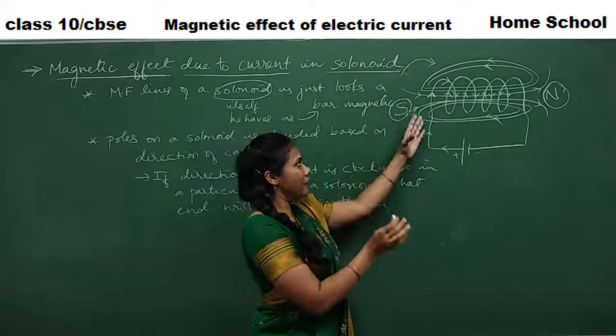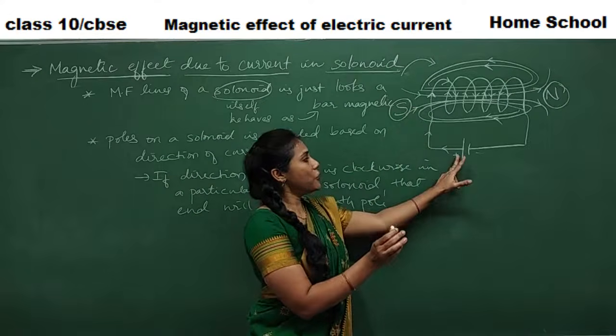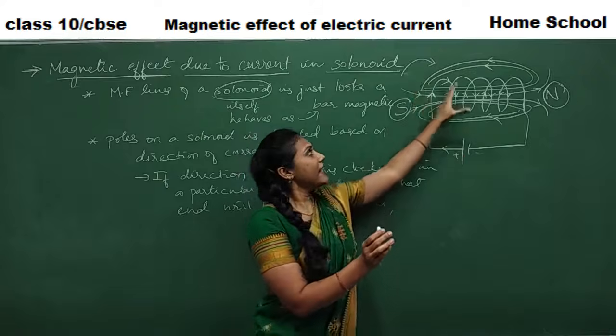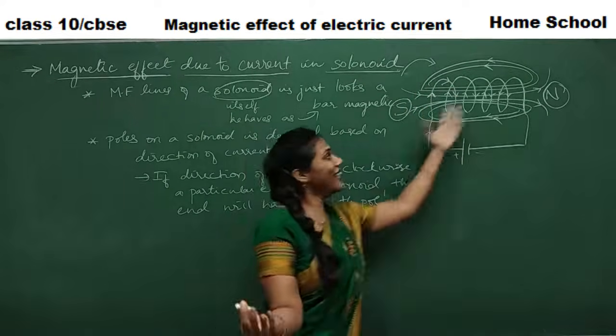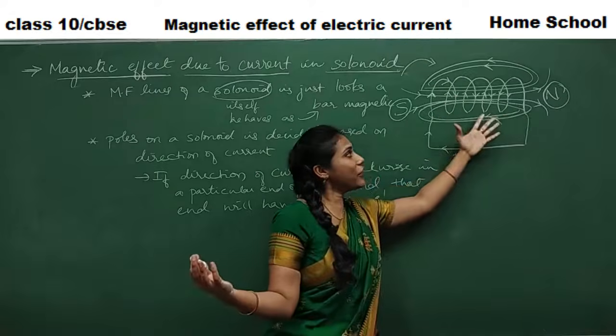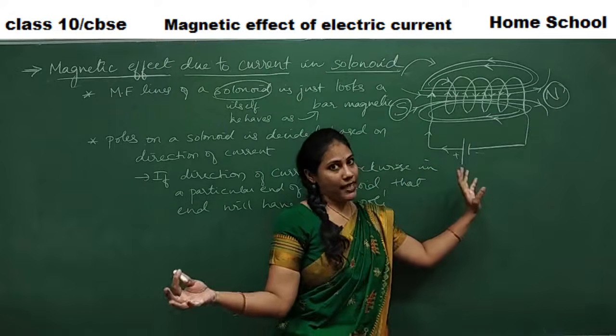Okay, say if this is a positive terminal and I stand from this end, I can say current is moving in a clockwise direction, so this end is south, the other end is north. In the other end side, if you see the direction of current, it will look like anti-clockwise direction.